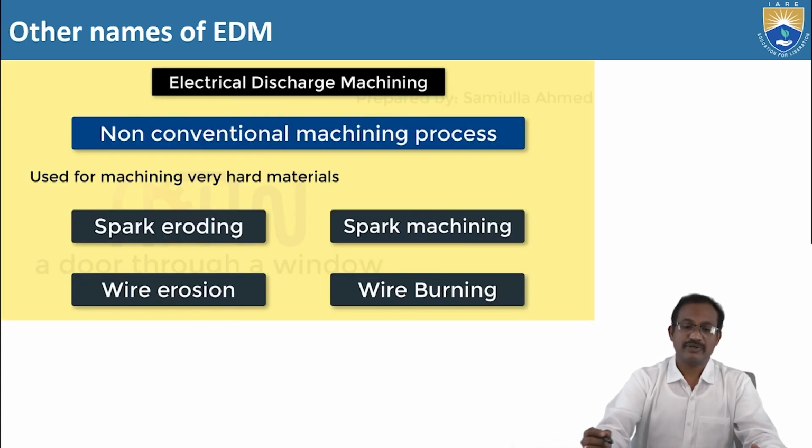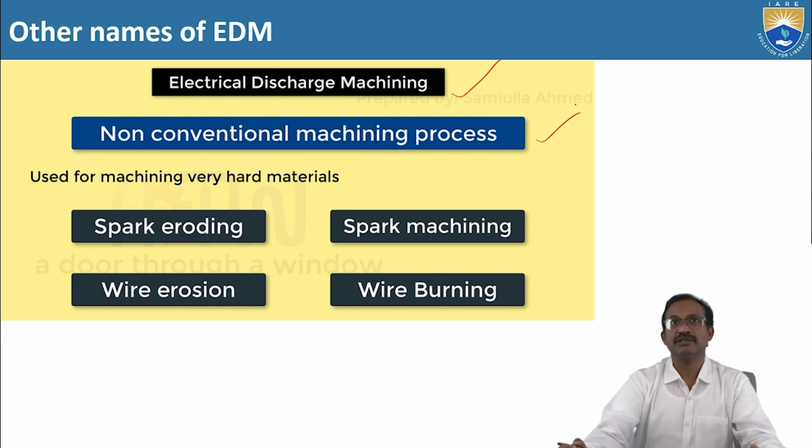First, let us see electro discharge machining. It is a non-conventional machining process, particularly used for brittle and hard materials which cannot be machined by any other conventional machining process.